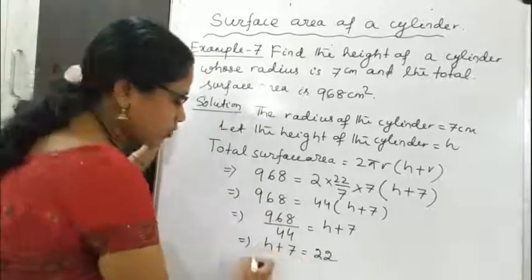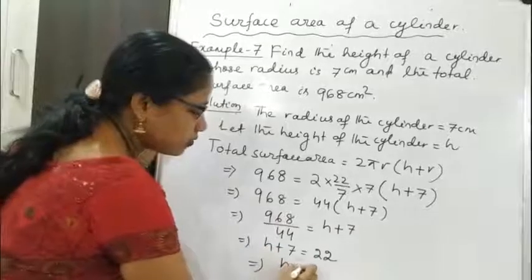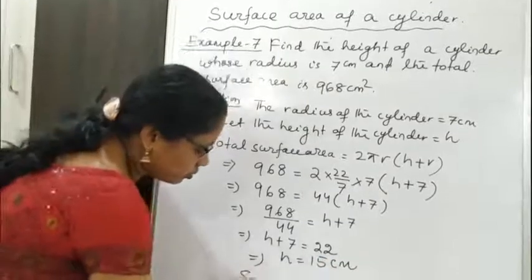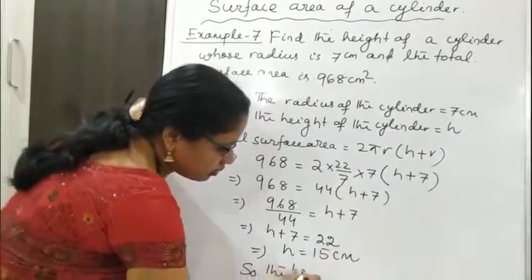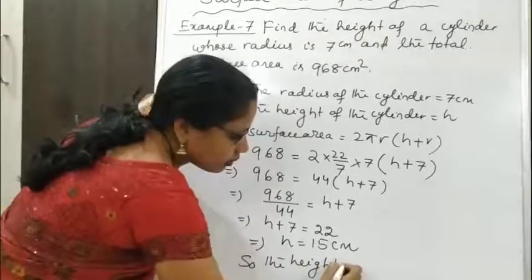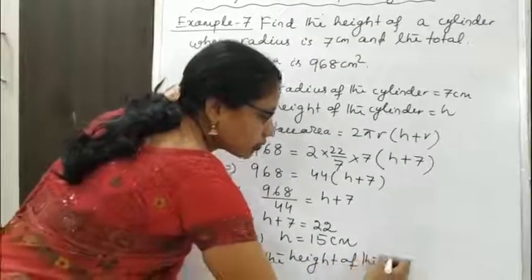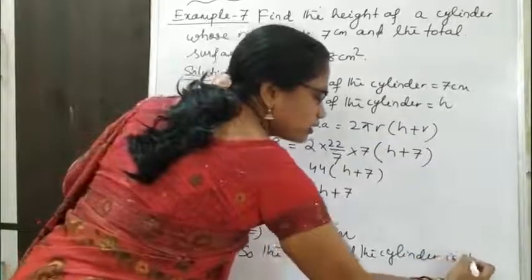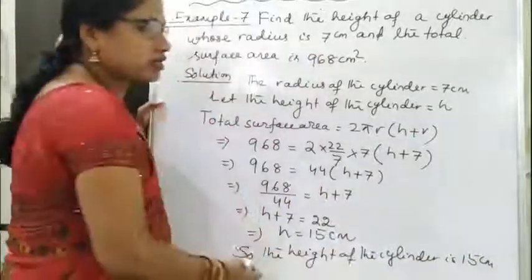So h plus 7 is equal to 22. So this implies h is equal to 15 centimeter. So the height of the cylinder is 15 centimeter. So this is the answer.